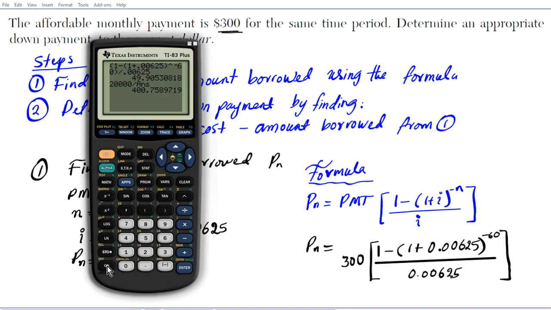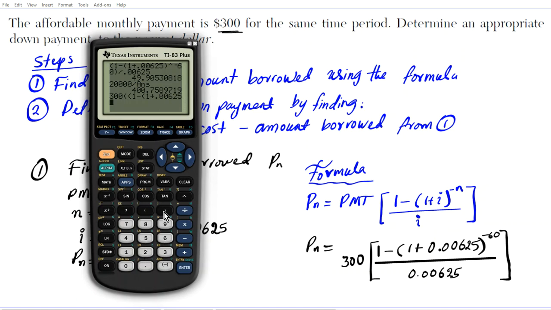Okay, so let's go ahead and enter it. Make sure we do this carefully. So we have 300. Well, let's do the numerator. Well, yeah, 300 times. Now we're going to enter the fraction. Open the parentheses for the fraction, and then I'll open the parentheses for the numerator. Okay, so 1 minus parentheses 1 plus 0.00625.